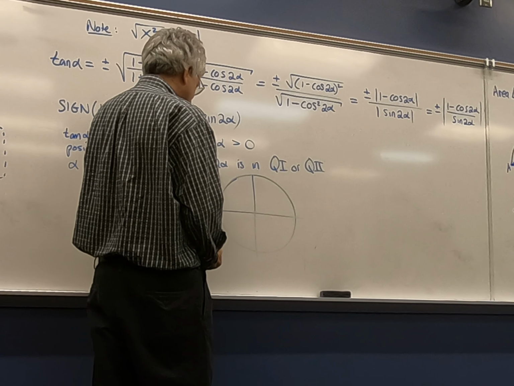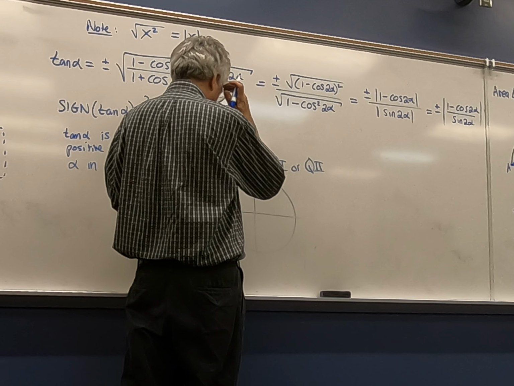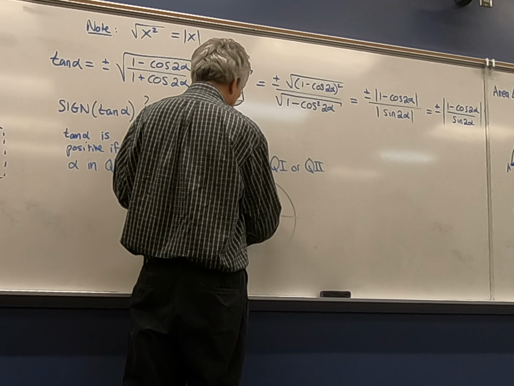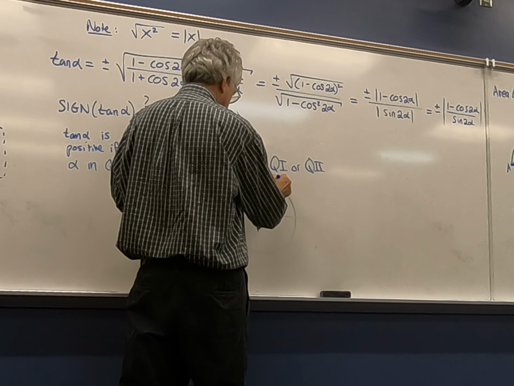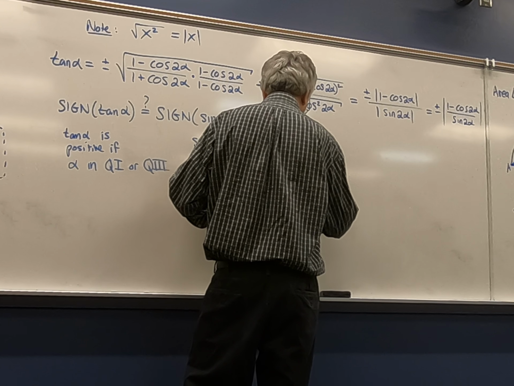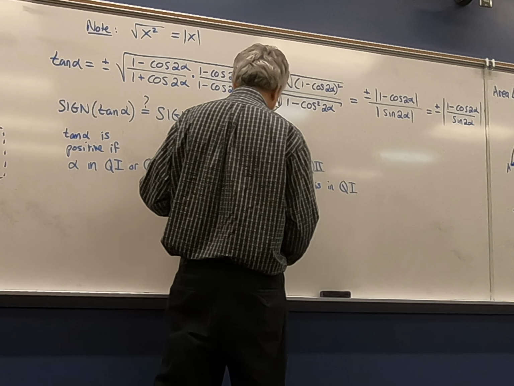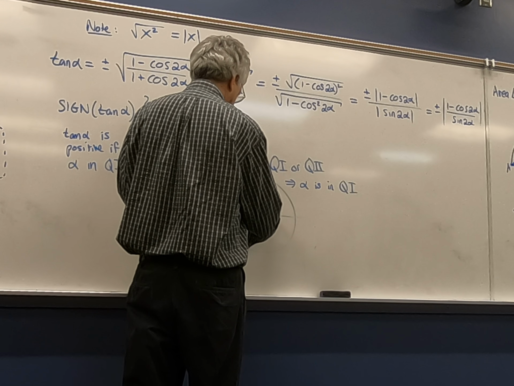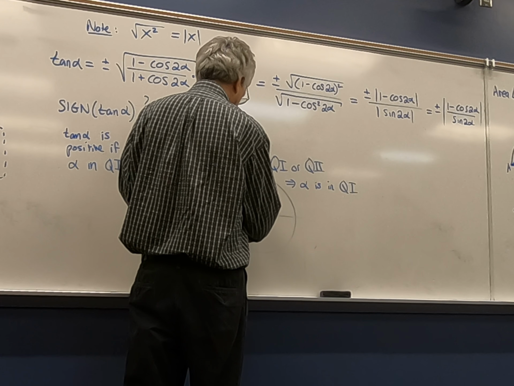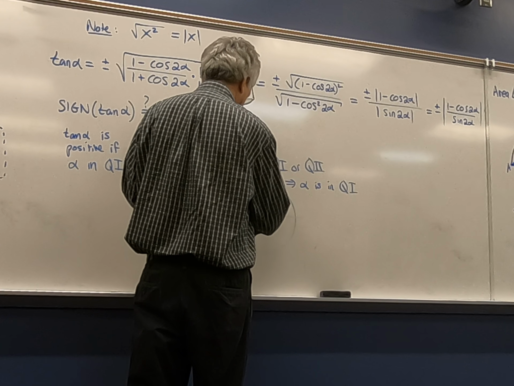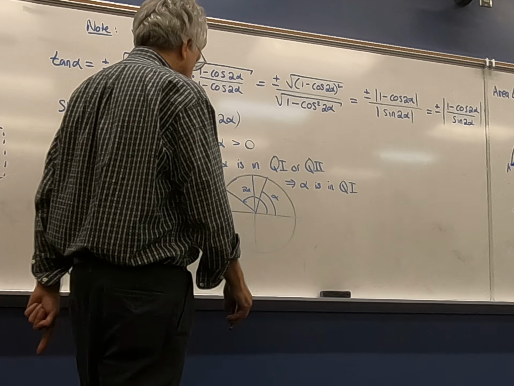I'm uncertain about this, honestly. So if 2 alpha is in 1 or 2, oh yeah, then alpha is in quadrant 1, right? So say 2 alpha is over here, then half of it will be over here, right? In quadrant 1.